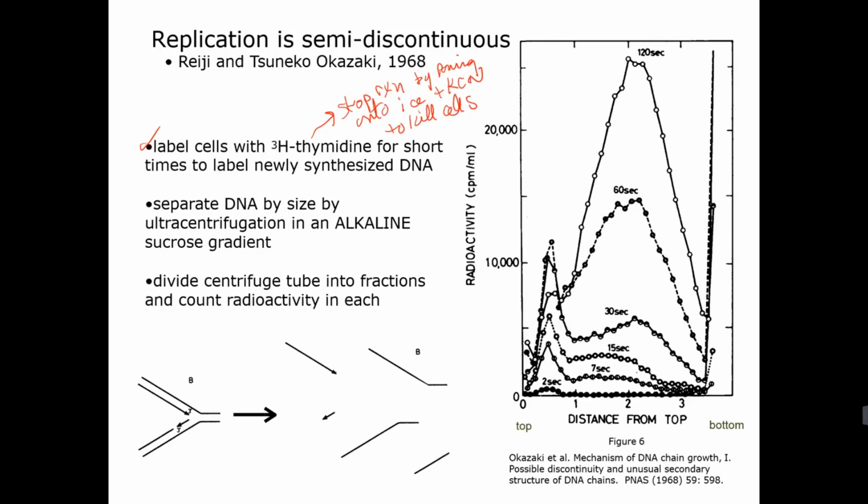So, hopefully after this short period of labeling, they could capture these small pieces when they're synthesized and then just kill everything dead. So basically they would then separate on the basis of size, right?